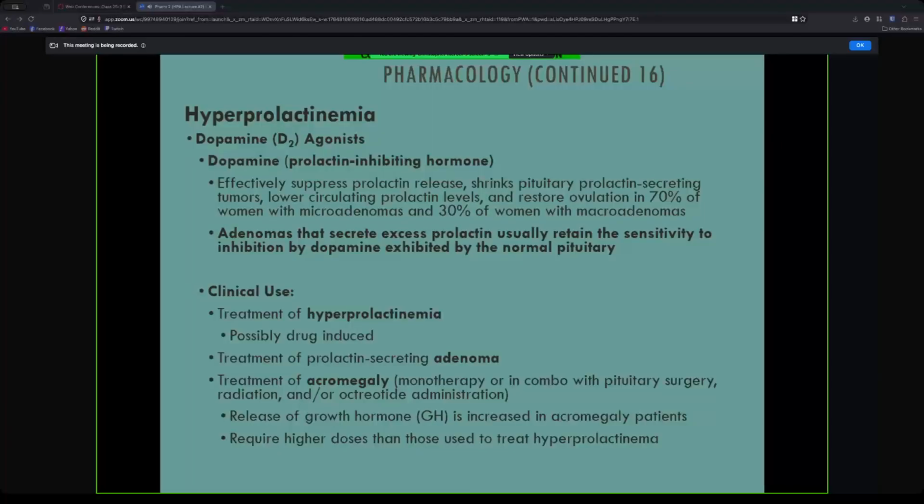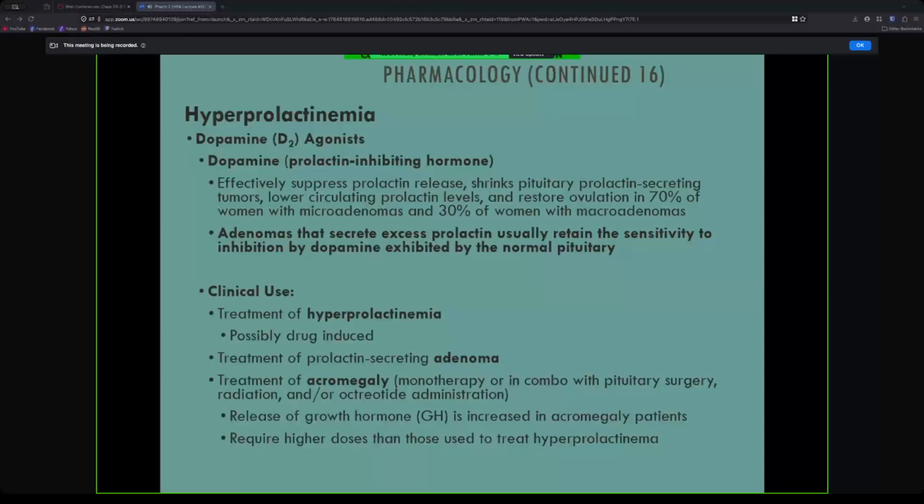Okay, so for hyperprolactinemia, we said we're going to use the dopamine agonist, right? Because dopamine or D2 is inhibitory. It's the natural brake on prolactin. So dopamine agonists are the first line when we talk pharmacotherapy for suppressing prolactin. They're going to decrease prolactin release.